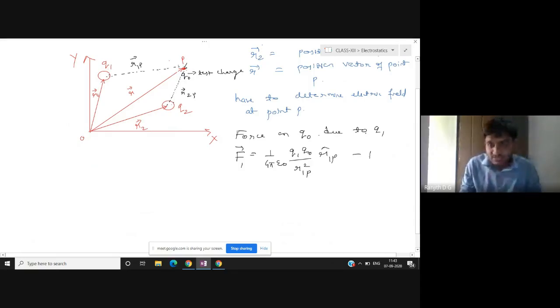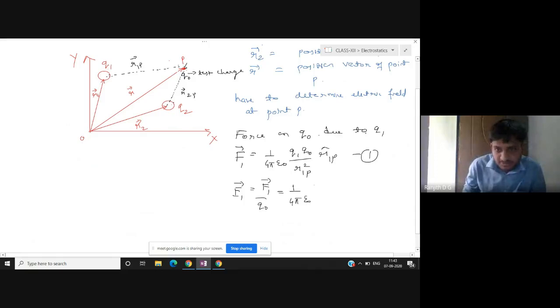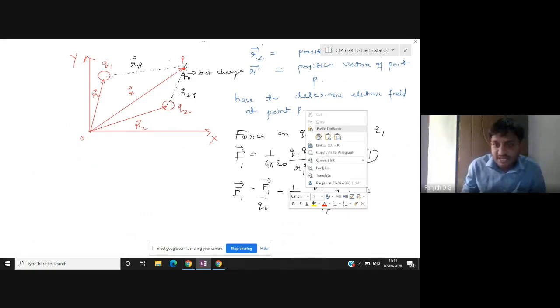So this is the first equation. Then E1 you can find out. E1 is nothing but F1 divided by Q naught. So you remove the Q naught from the above equation, that is 1 by 4 pi epsilon naught Q1 divided by R1P square and R1P cap. So that is the electric field.